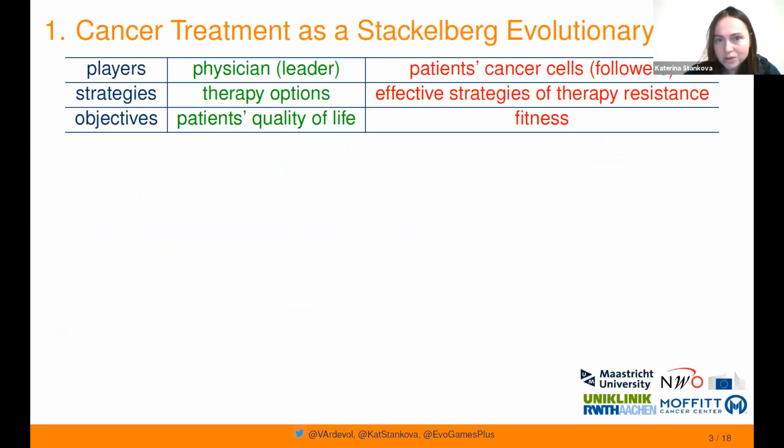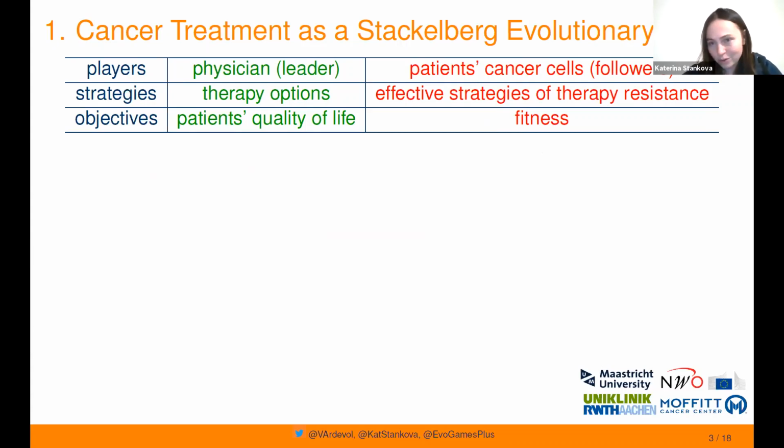So just to recall, our research and the research of our collaborators focuses on framing cancer treatment as a Stackelberg evolutionary game. Why do we now call it a Stackelberg evolutionary game? Because there is always an evolutionary game going on between the patient's cancer cells, but we add this rational player who is the physician.